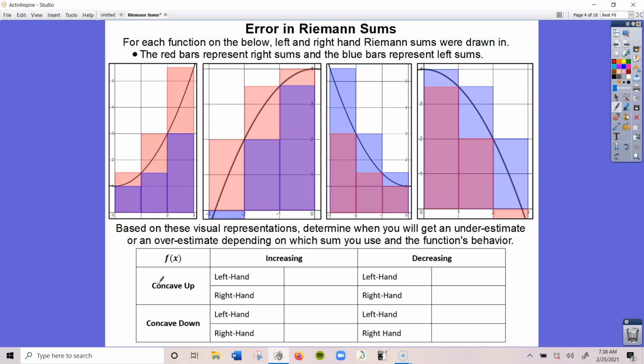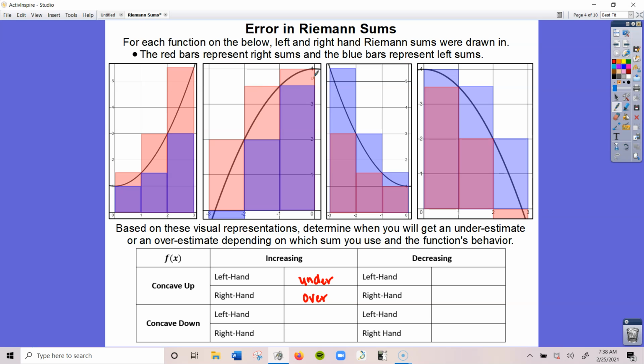So when you have a function that is concave up, which is this first graph here, the left sum, which is the one in blue, is clearly under. And the right sum, which is the one in red, is over. So this is for when it's an increasing function and concave up.